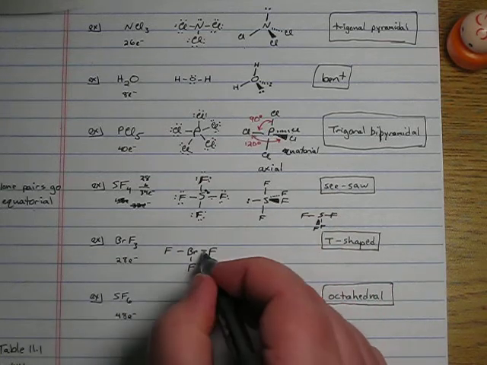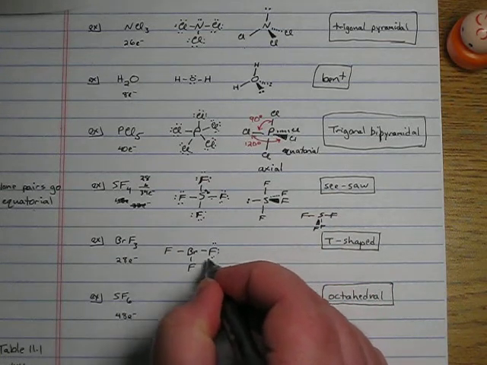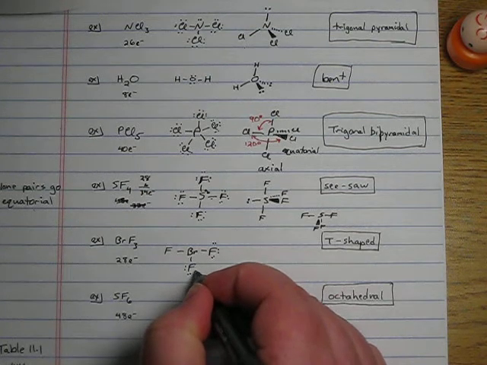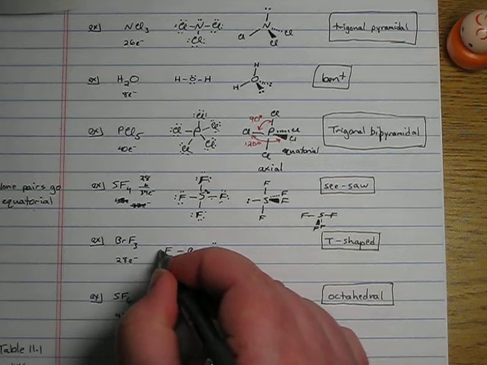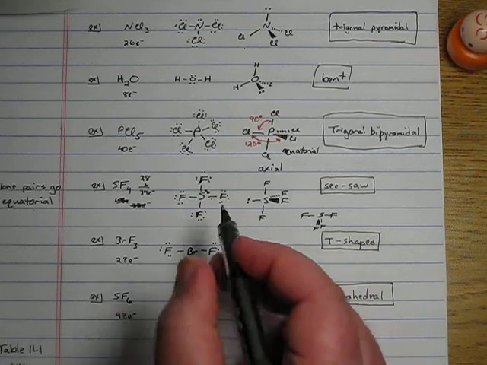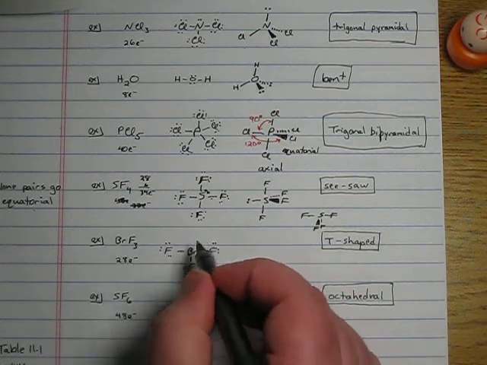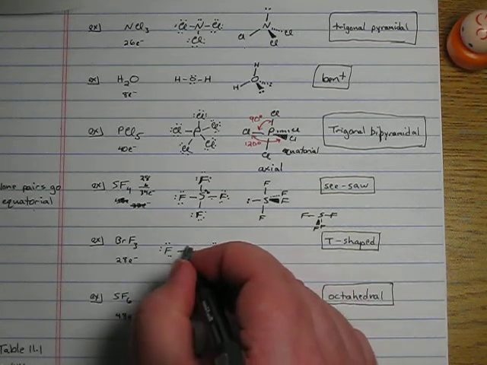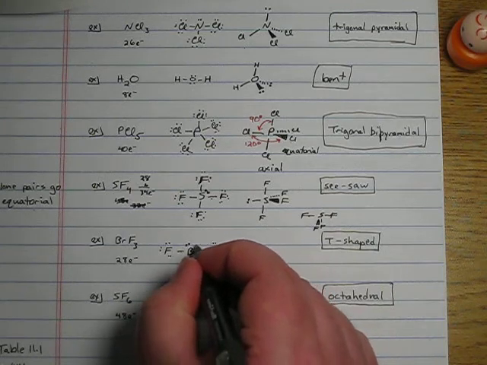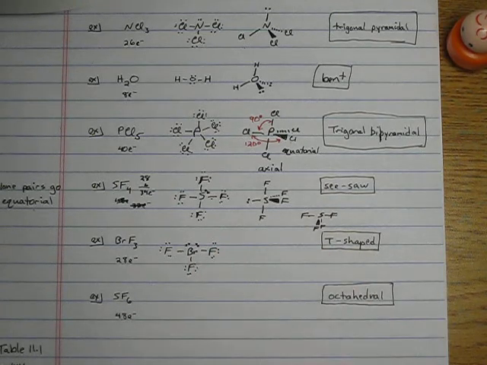And 28 electrons: 1, 2, 3, ... 24. Well, we've got the fluorines with their octets with 24 electrons, 25, 26, 27, 28. So there's our 28 electrons.